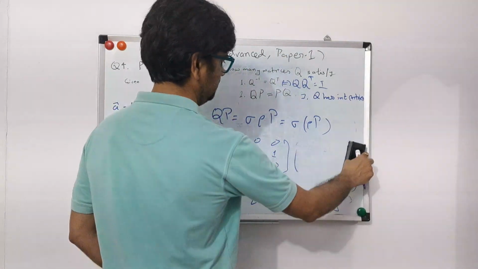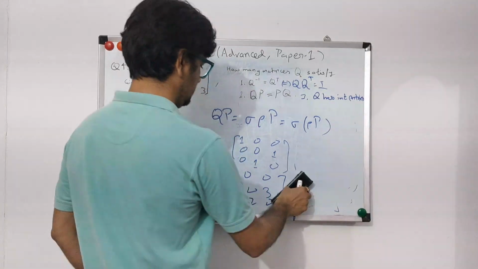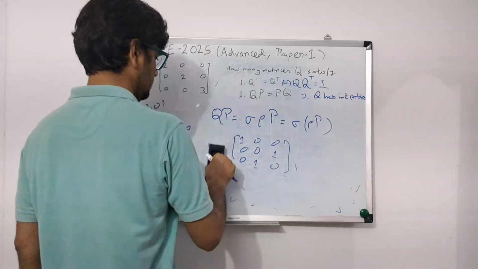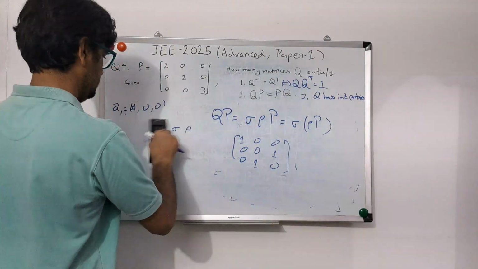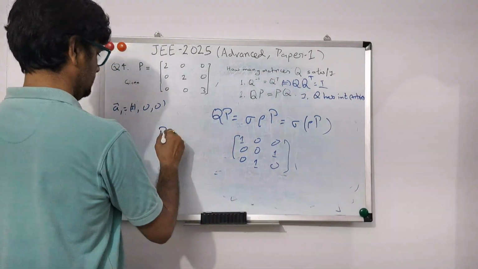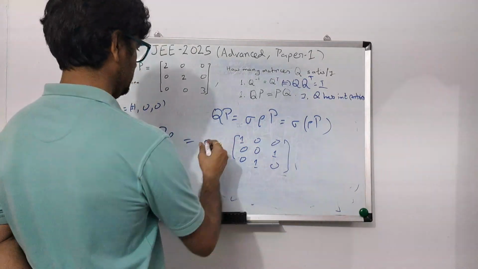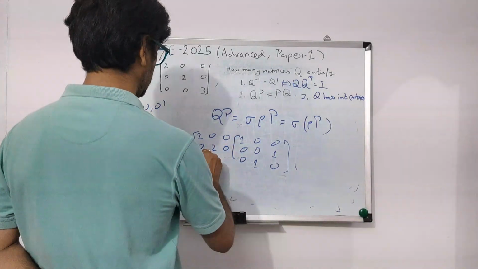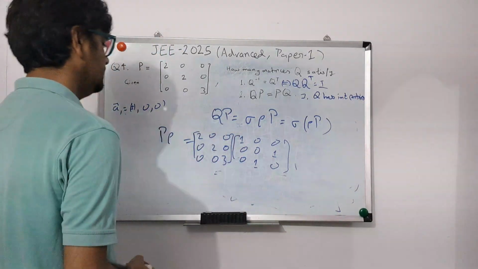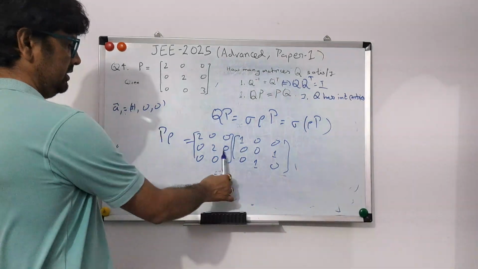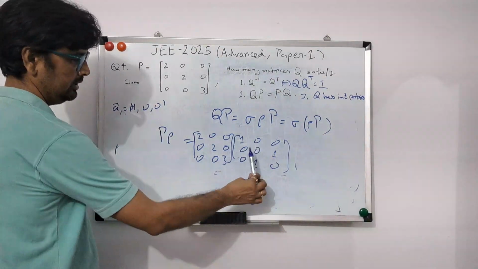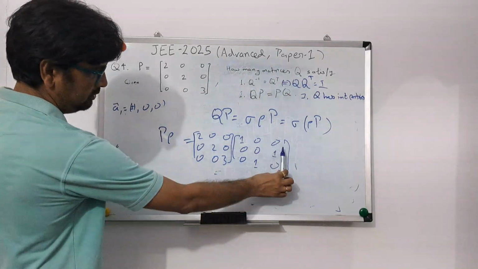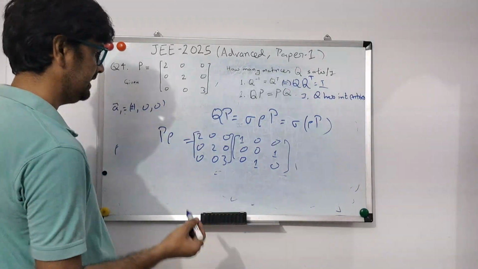Now let's multiply in the other order. Let's multiply P and rho. P rho equals 2 0 0, 0 2 0, 0 0 3 times rho. Here the effect will be to permute these 2 columns. You can also observe that this matrix is obtained by permuting these 2 columns of the identity matrix.